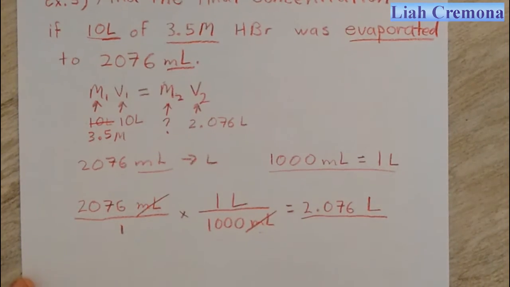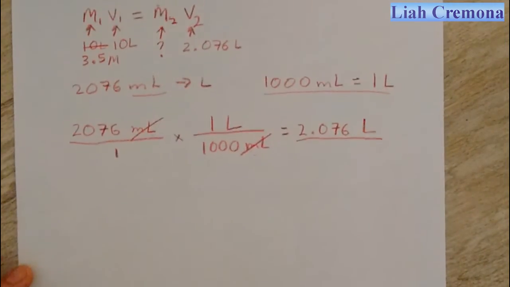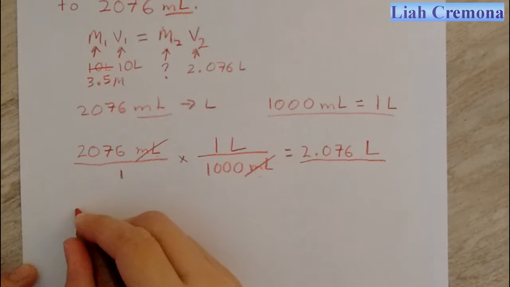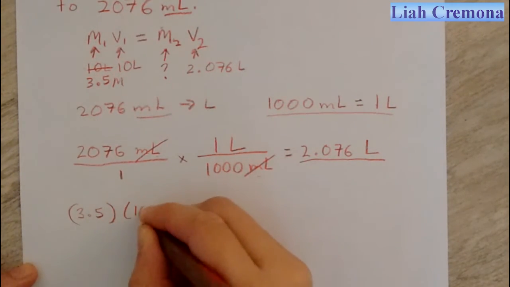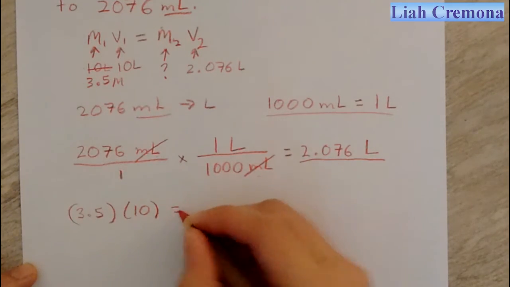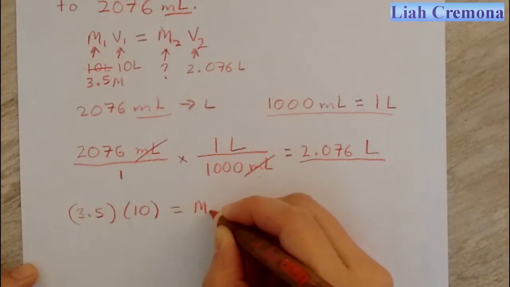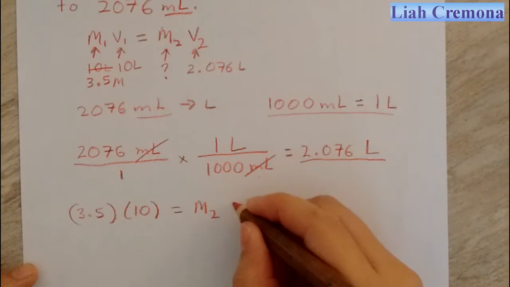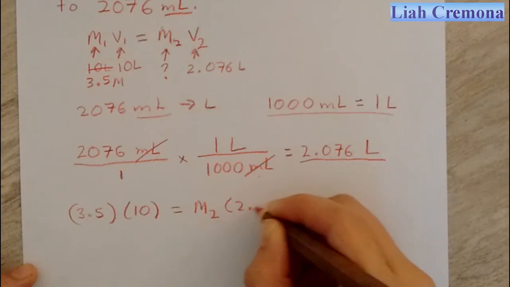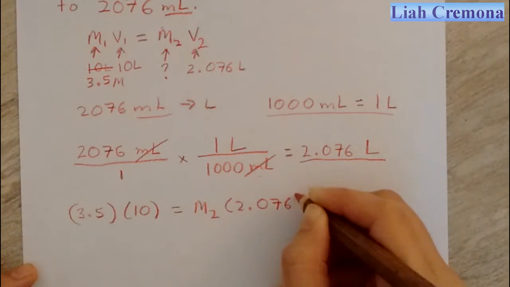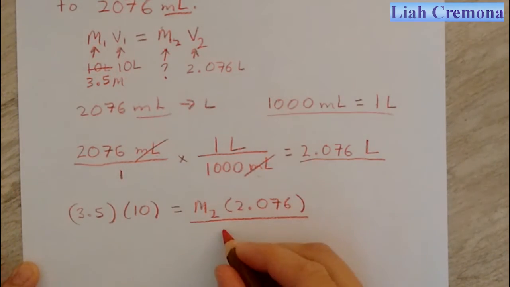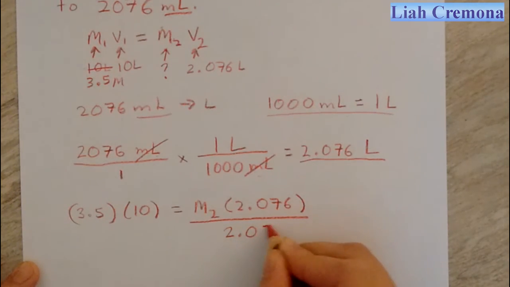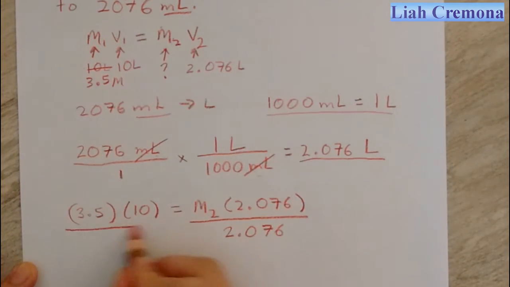Now the equation that I have is 3.5 times 10 is equal to the unknown M2 times 2.076. To isolate M2 on the right side, I have to divide both sides by 2.076.